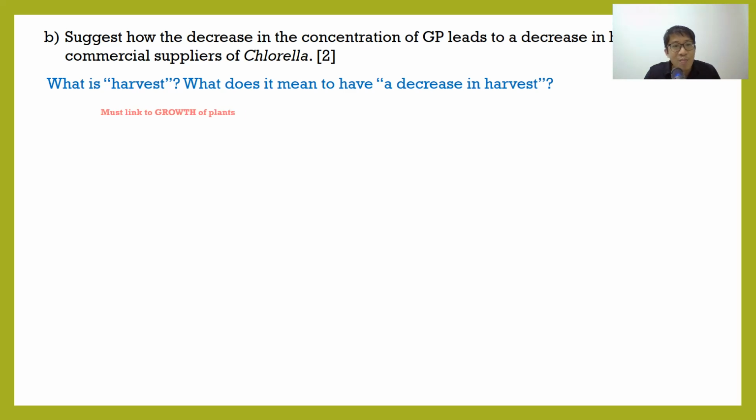Okay, so you must talk about the growth of the plants being affected, because that's what harvest is all about. Either your plants are smaller in size, or there are fewer of the plants. So somehow you must link it to how the growth of the plants is affected.